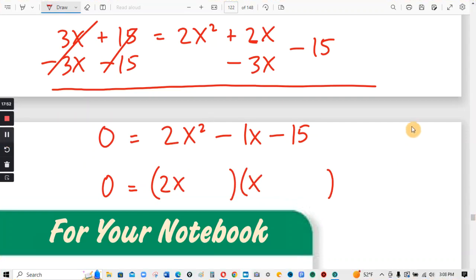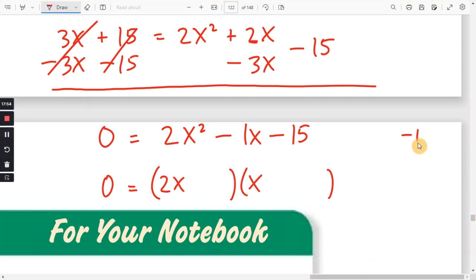And for the factors of negative 15, we have 3 and negative 5, or negative 3 and positive 5. You want them to add to negative 1. If I do 2 times negative 3 and 1 times 5, that would work.